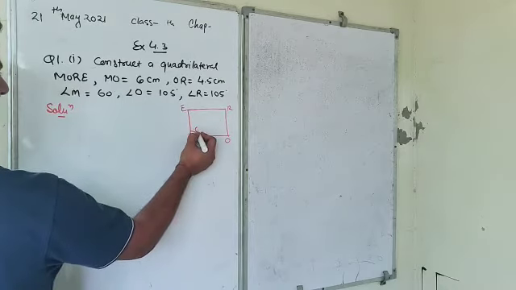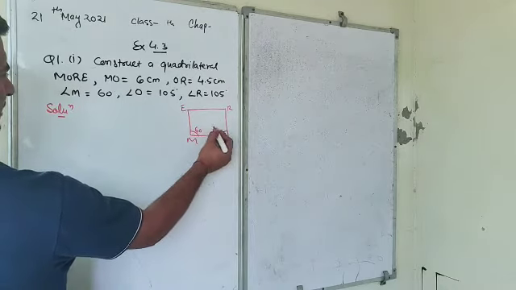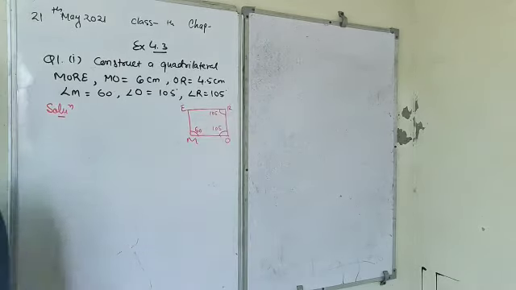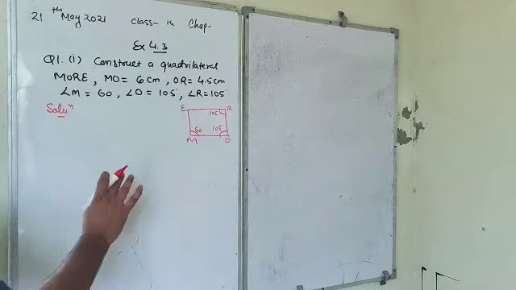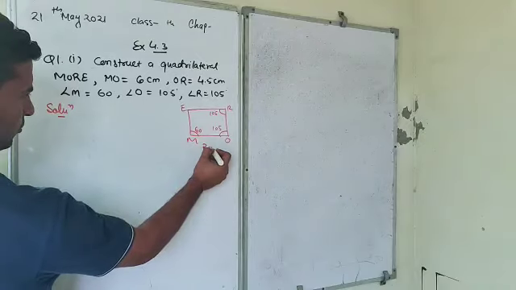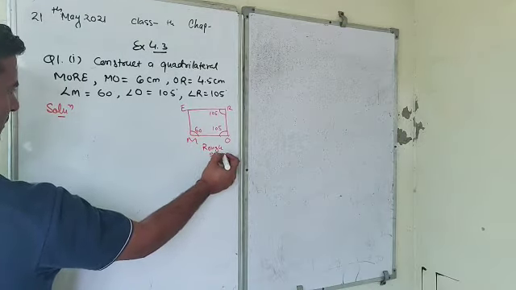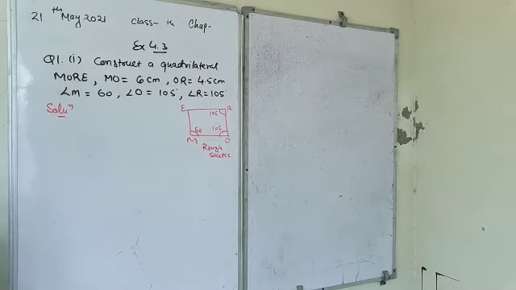Angle M is 60 degree. Angle O is 105. Angle R is also 105. This is only the rough sketch. So now let us draw some steps.